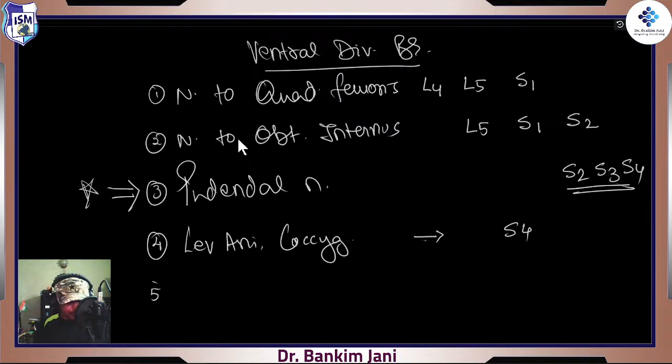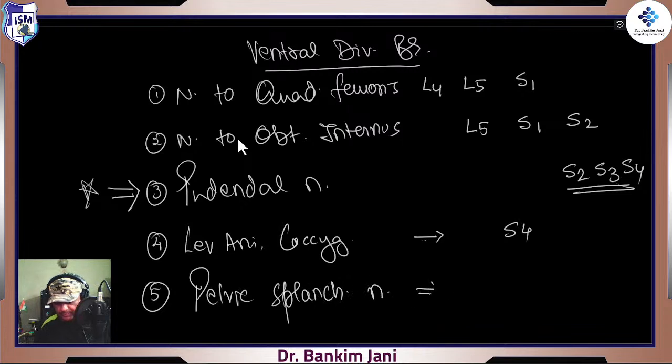And finally that backup plan, that is the pelvic splanchnic. Before the formation, these pelvic splanchnic nerves, again, they have S2, S3, S4, right? So these are the two important areas.